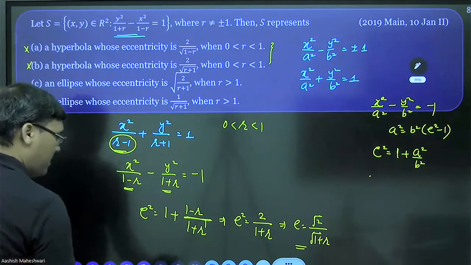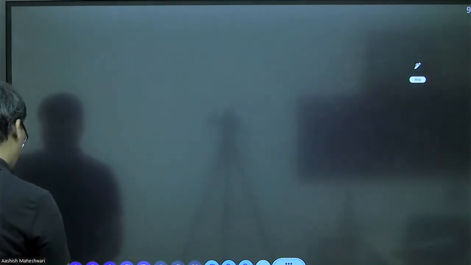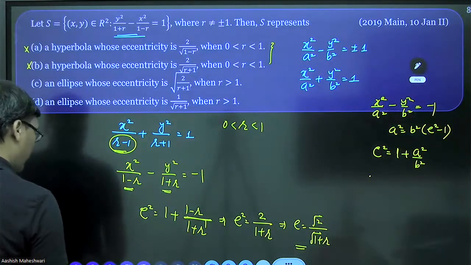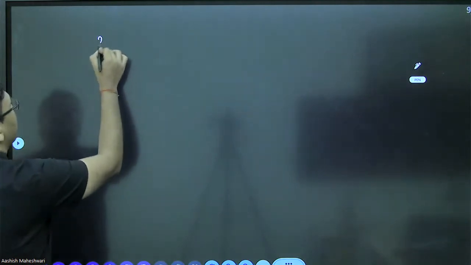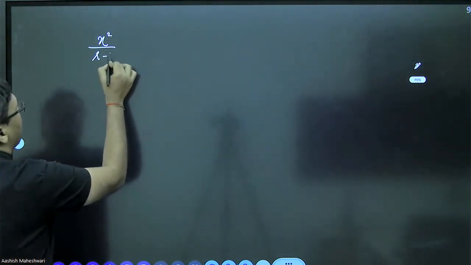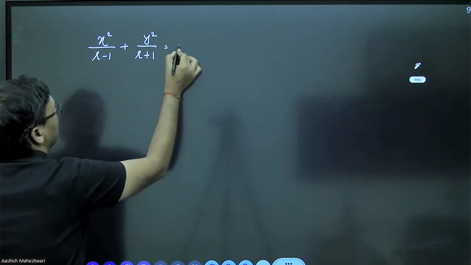Let me add one page here. Okay, so yes, we have the equation x square upon r minus 1 plus y square upon r plus 1 is equal to 1.